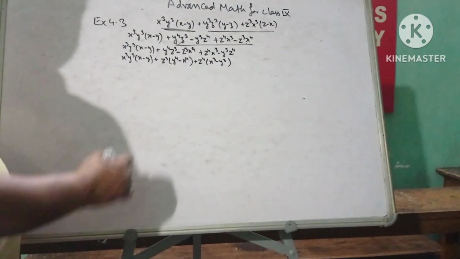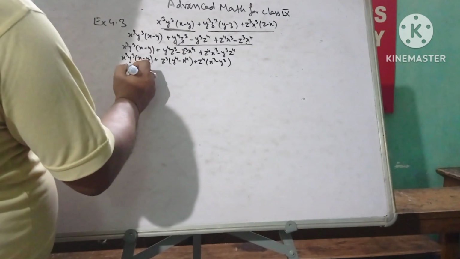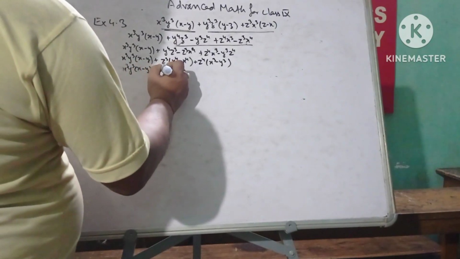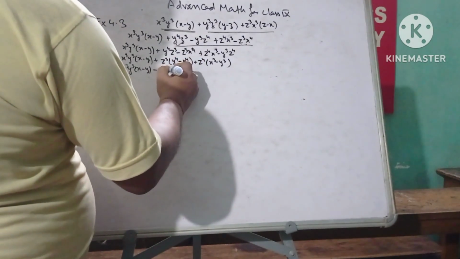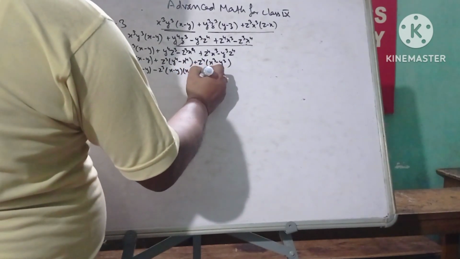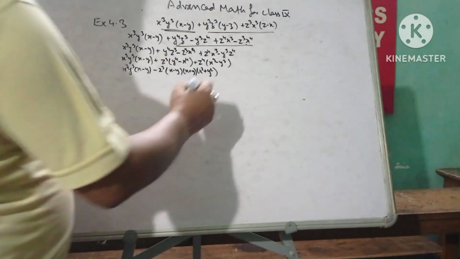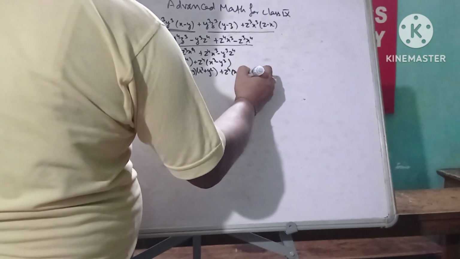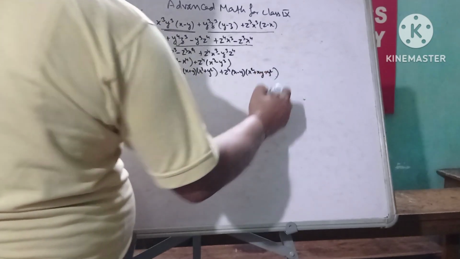So here this is y^4, so I am going to take minus common here. x cube y cube (x minus y), here minus z cube common, x^4 minus y^4, so this will be (x minus y)(x plus y)(x square plus y square), and here this will be z^4 (x minus y), a cube minus b cube formula, (x square plus xy plus y square).